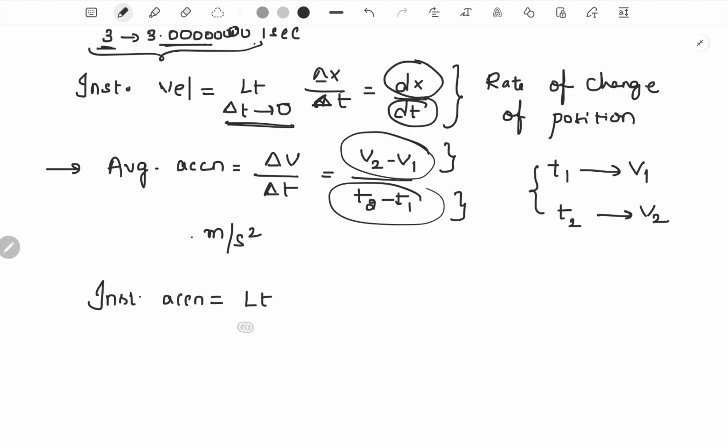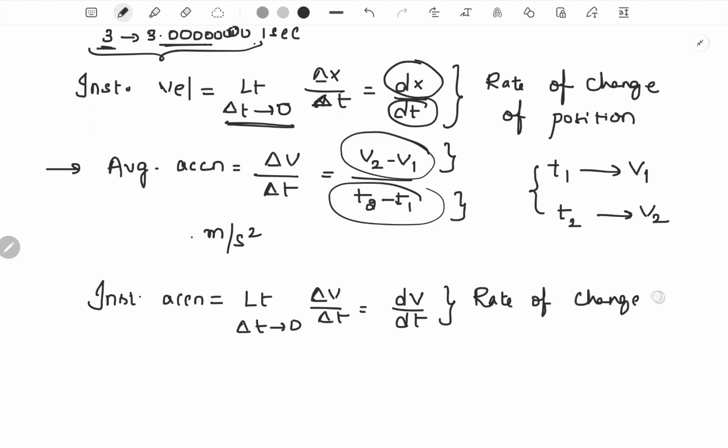So we can say limit delta t tends to 0, delta v by delta t is equal to dv by dt, which we can call the rate of change of velocity. The rate of change of velocity of the body is equal to the instantaneous acceleration, or we can just call it acceleration.